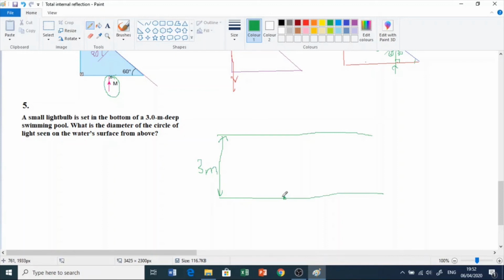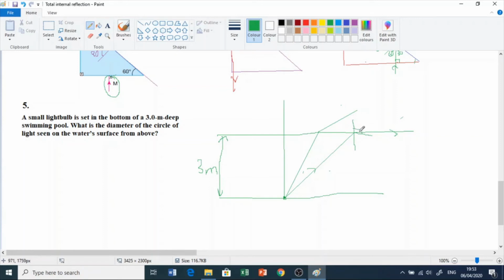Light from here will move in every direction. For example, a straight light ray will move straight and pass to the air without any refraction. Another light ray will move in that direction and bend away from the normal. I am not going to draw the normal, but at the critical angle the light ray will move along the interface.